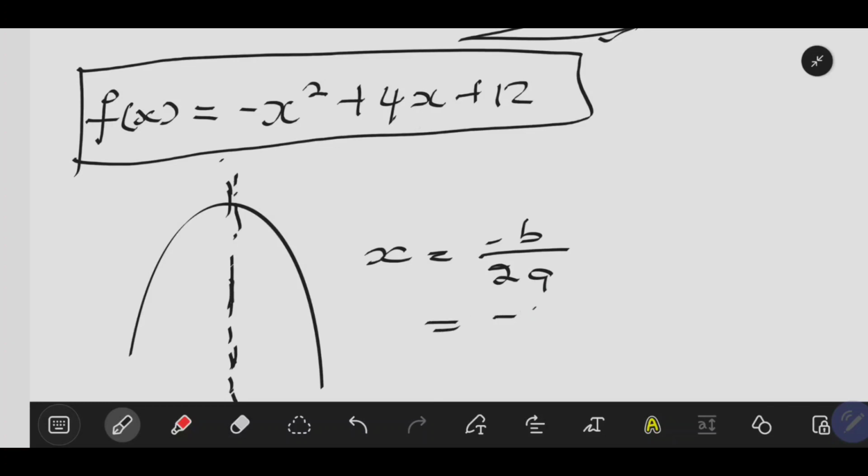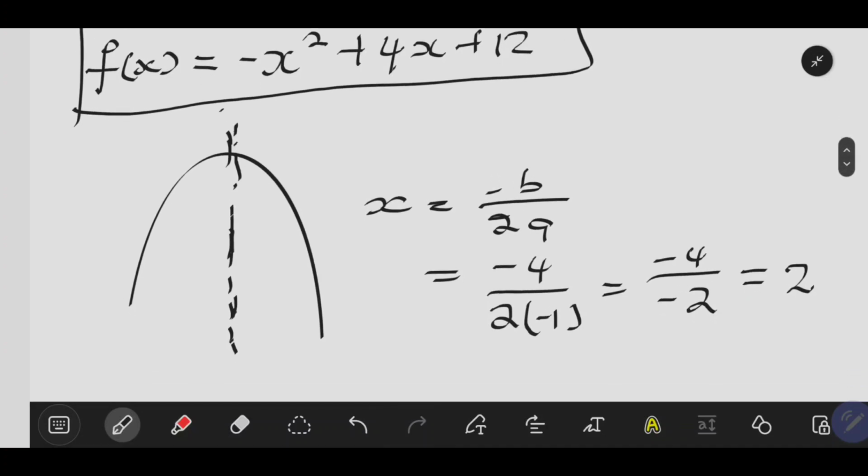It means we're going to have negative 4 divided by 2 times our a value, which is negative 1. When we solve this, we have negative 4 divided by negative 2, which gives positive 2. This is your x turning point.